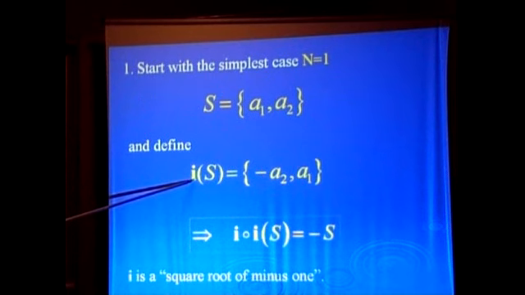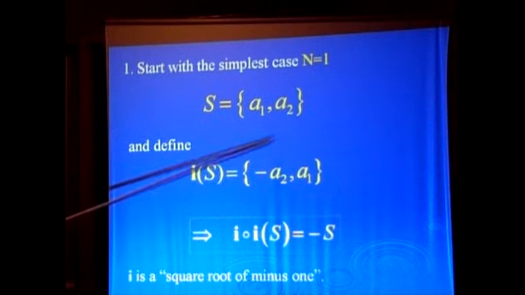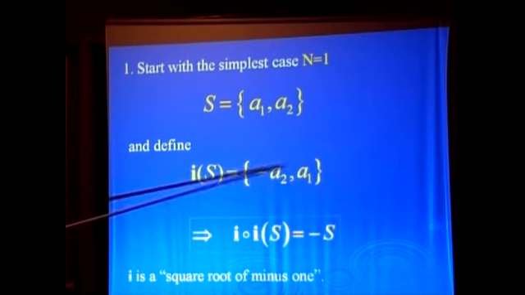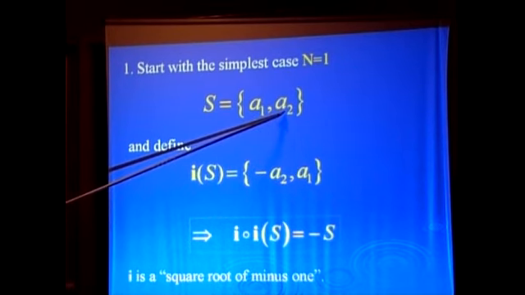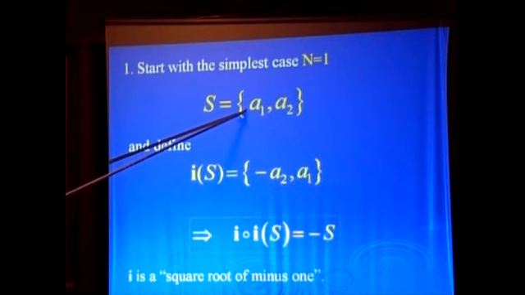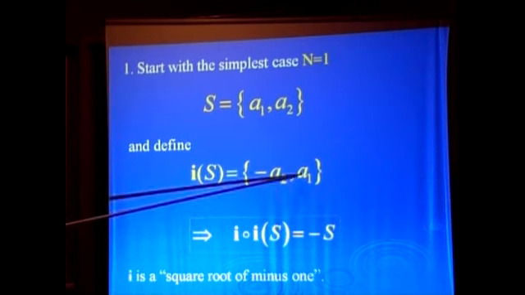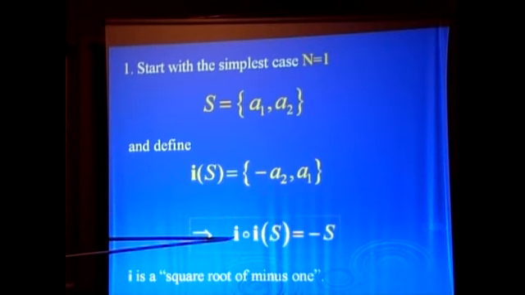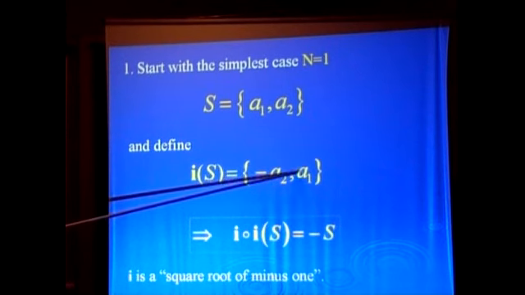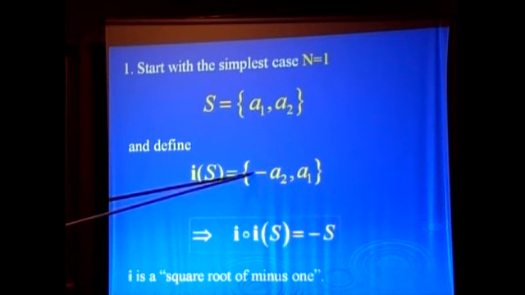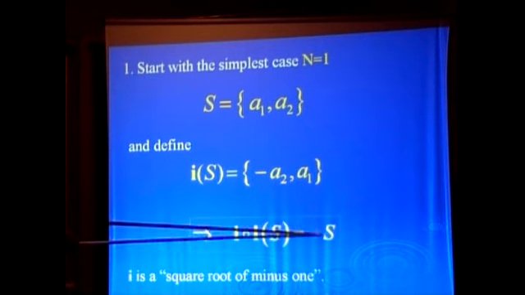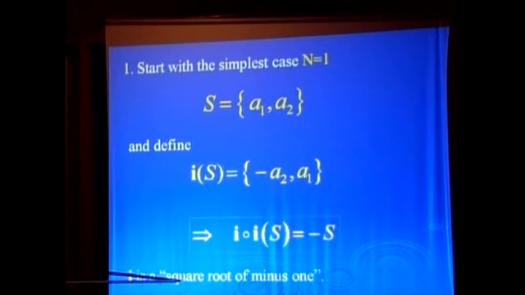And I'll define this I operator as this: you take the second element and move it to the front and apply the minus operator. Then you can very quickly see if you apply I again, you take that second one, move it to the front with a minus, you just get minus A1, minus A2, and that was minus of S. So I've got an operator which is a bit like a square root, well it is a square root of minus 1, applying to S.